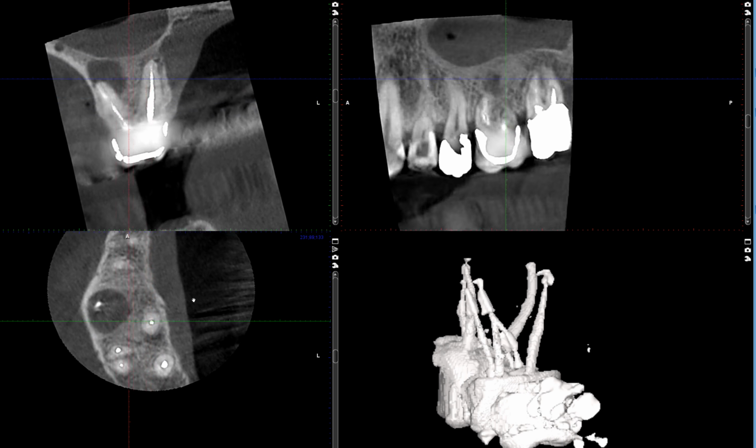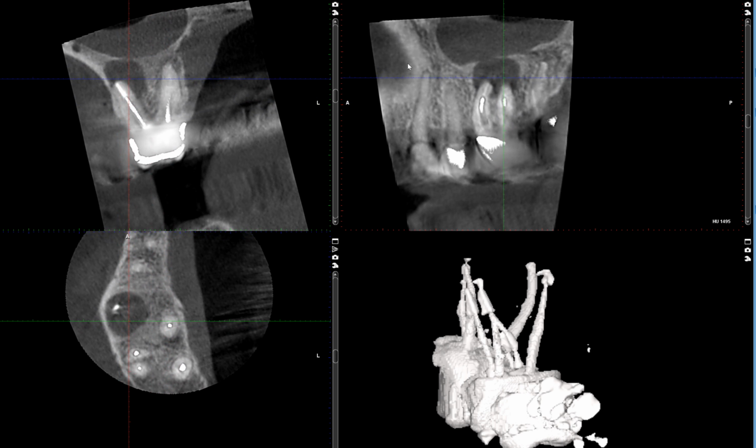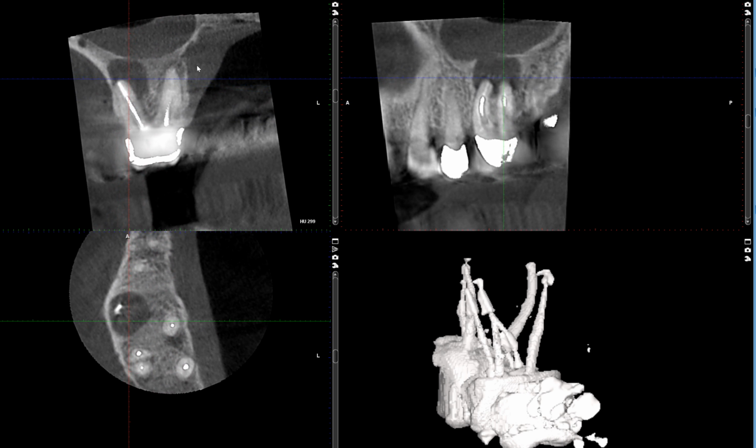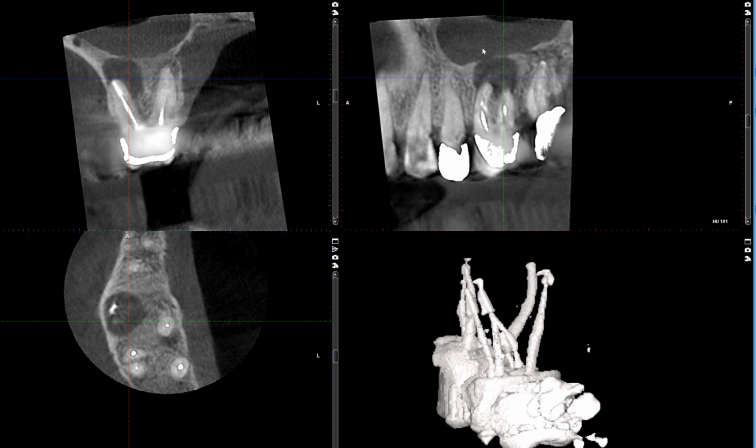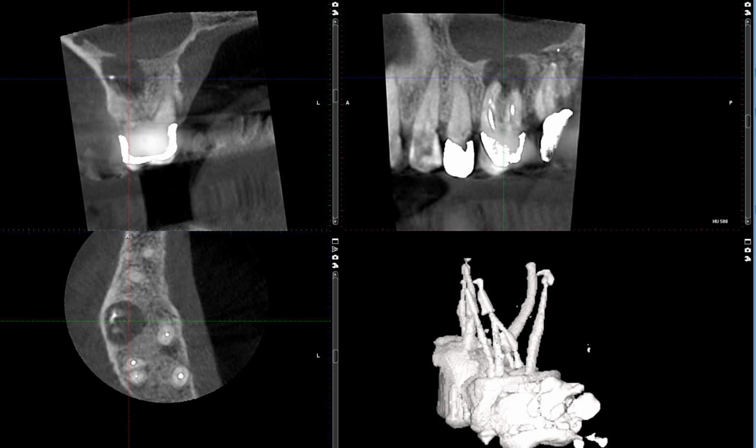Now, why don't we evaluate the overall extent of this radiolucency? If you pay close attention, we see this boundary or this border, and hopefully you know this by now, that this is the floor of the right maxillary sinus.